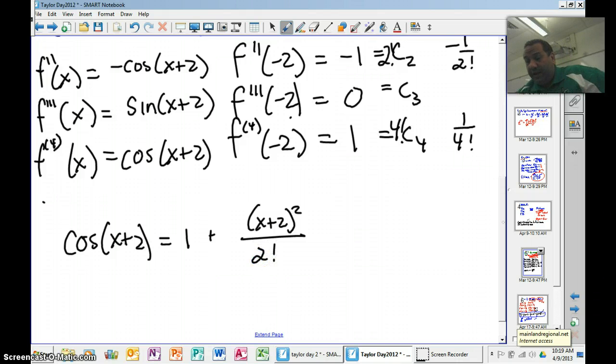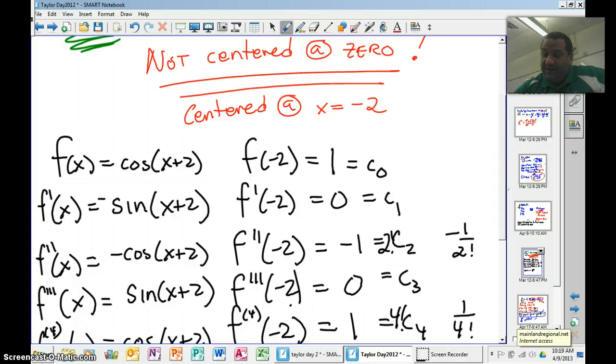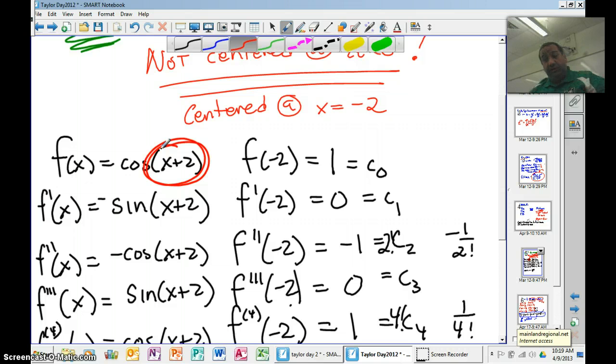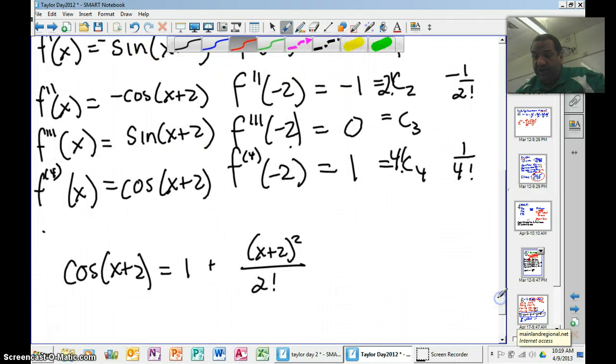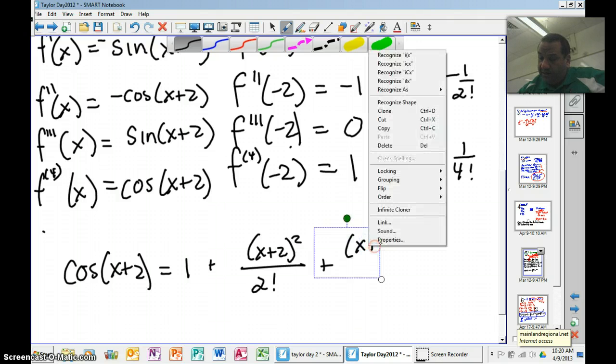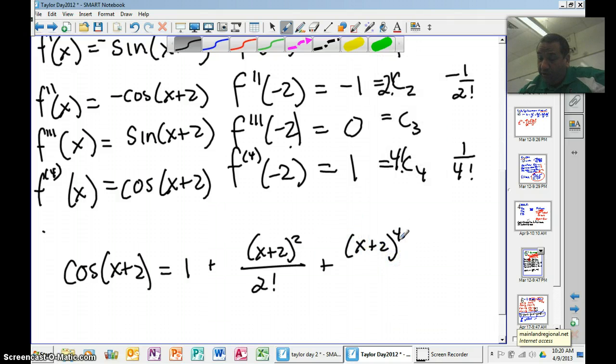Whoa, x plus 2, yes, because instead of x, it's the power series centered at x plus 2, or negative 2. Instead of using x squared, which is what we would use, now we're using the whole expression where it's centered, and that's negative 2, so it's x plus 2. Then the next one, you could predict, is plus x plus 2 to the 4th power over 4 factorial.